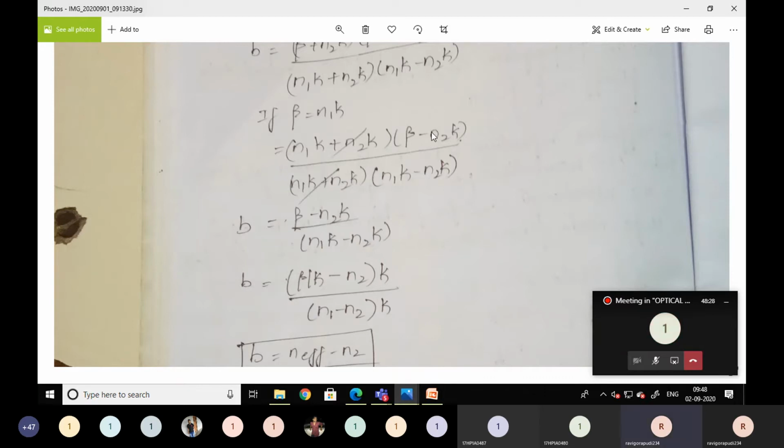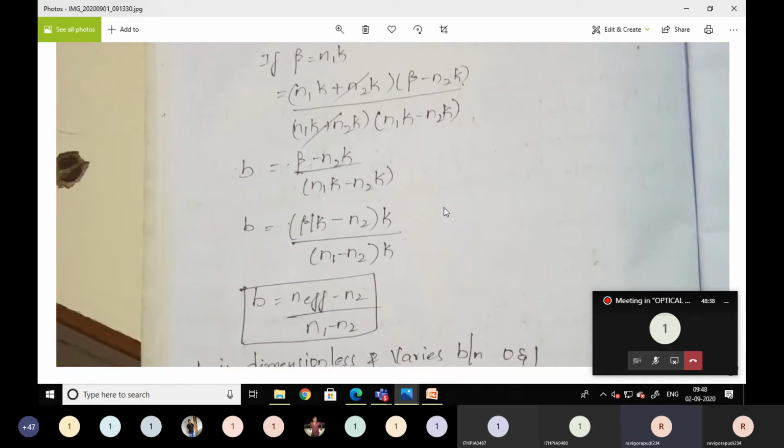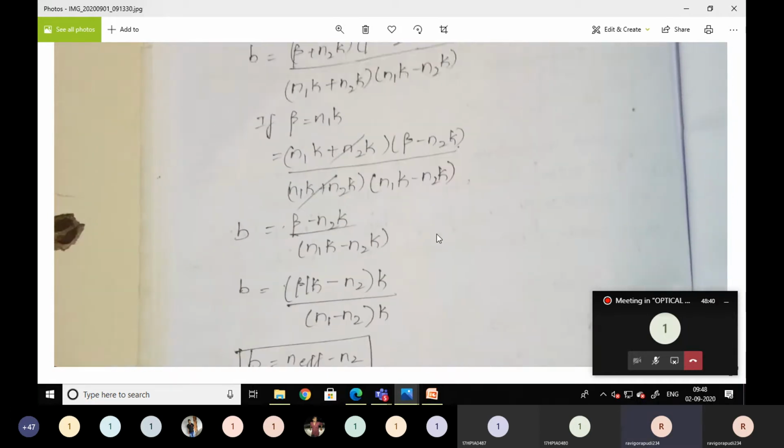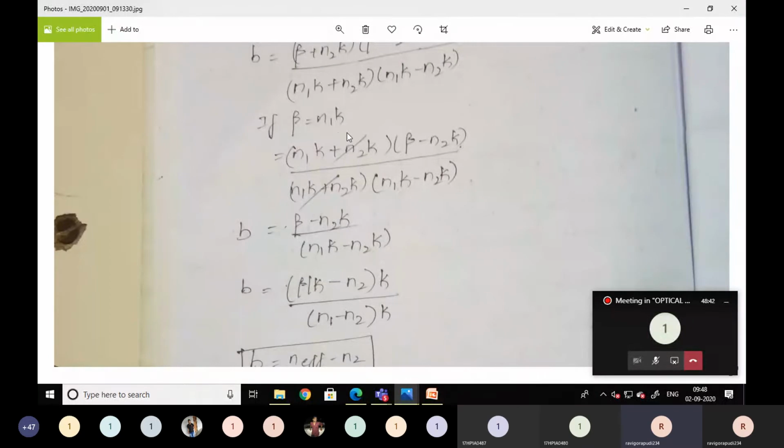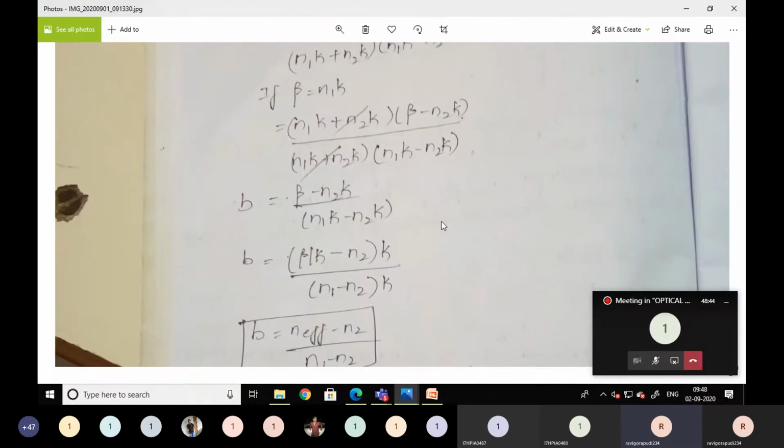Substitute in place of here also and you'll get one value. Both in the numerator and denominator will get cancelled, you'll get a 1. We are going to write in terms of effective refractive index. So only in the summation term we are going to substitute beta as N1K.